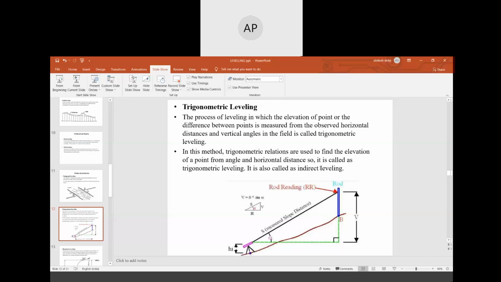It is also called indirect measurement. That means here we have to take the angles between the two inaccessible points, that is, we take the vertical distance between two points with the help of vertical angle measurement.